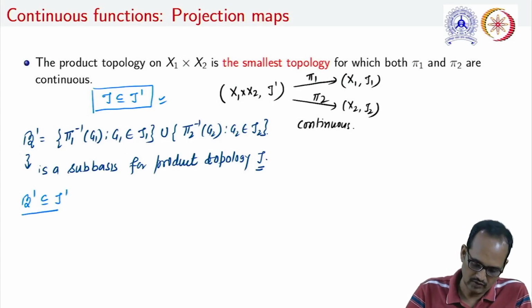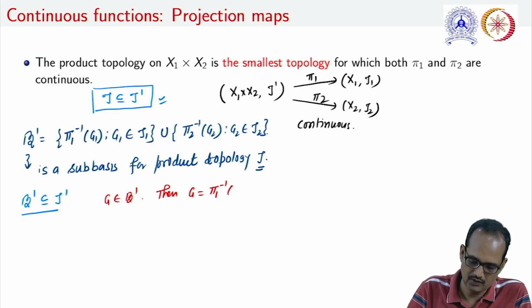In order to justify it, let us take any g belongs to this b dash. Then what will happen? This g will be either of the form pi 1 inverse g1, or this g is equal to pi 2 inverse g2 for some g1 belongs to tau 1 and g2 belongs to tau 2.